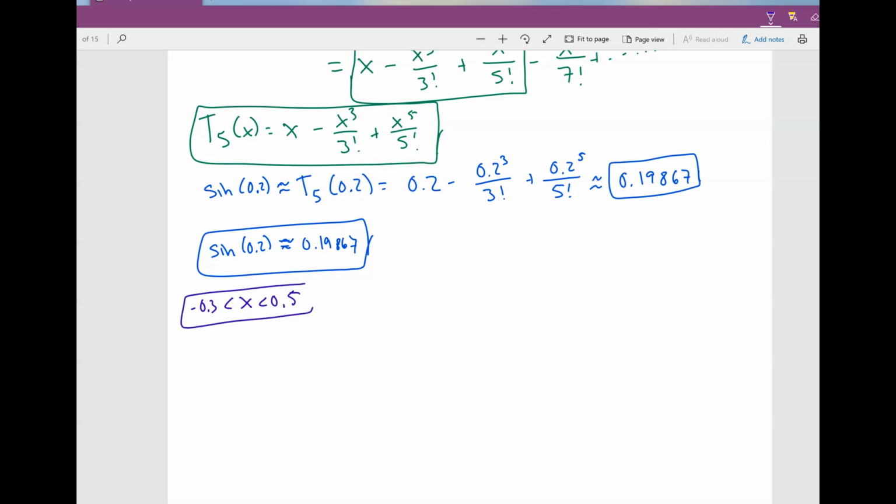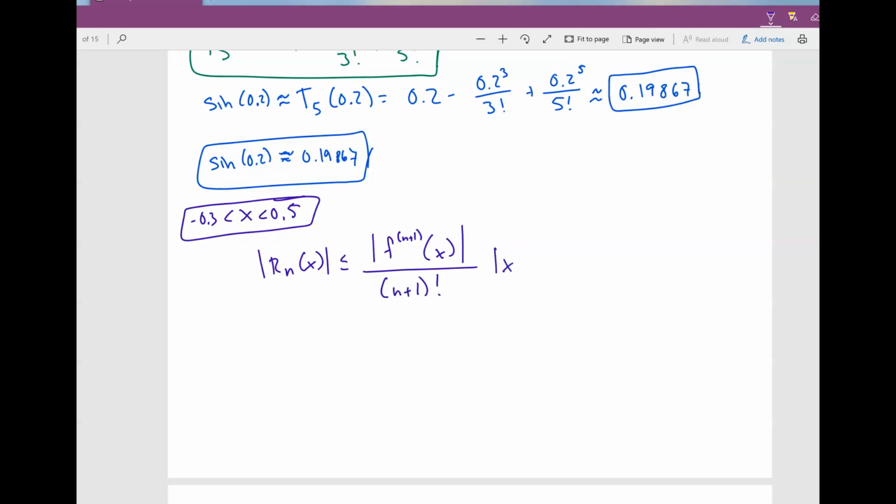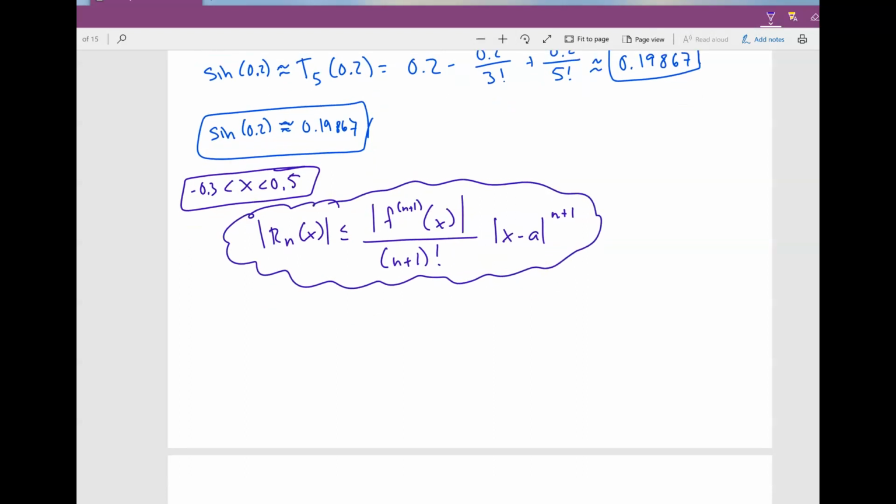The way that we did it in the previous video, we said that we can use for the upper bound the remainder term, which is less than or equal to the absolute value of the n plus 1 derivative divided by n plus 1 factorial, times x minus a to the n plus 1. We're going to use this to find an upper bound for my error. Since we used a 5th degree polynomial, n in this case is equal to 5.